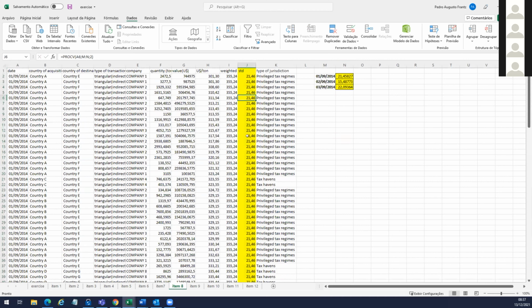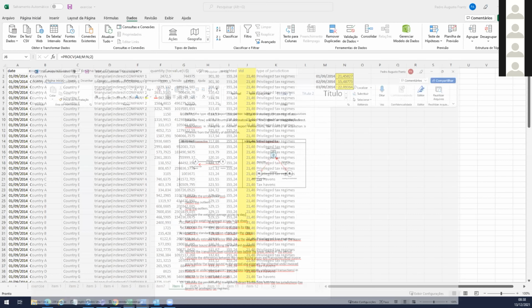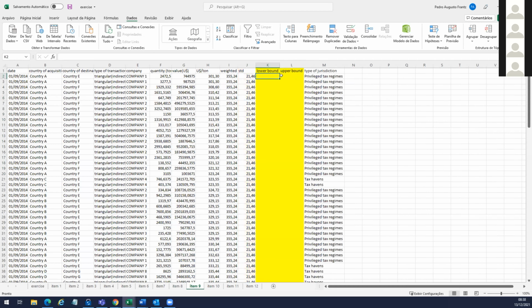Okay, let's go to the next step. 9, statistically estimate the price filter using the weighted average price and set the upper and lower bound prices using the standard deviation. Item 9. Well, now we will calculate the price filter range, lower bound and upper bound. Lower bound is weighted average minus standard deviation.